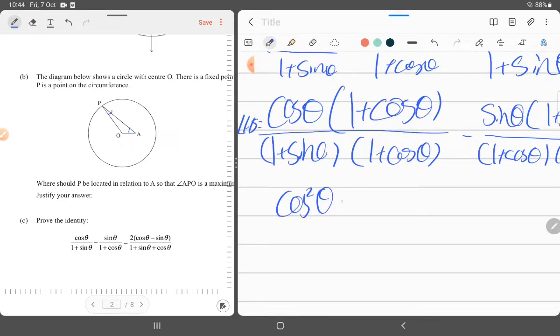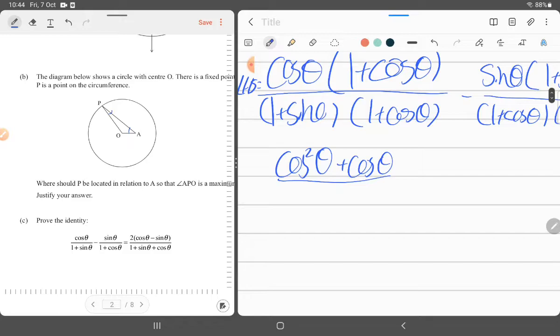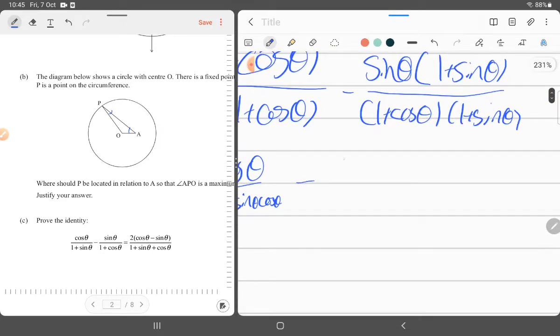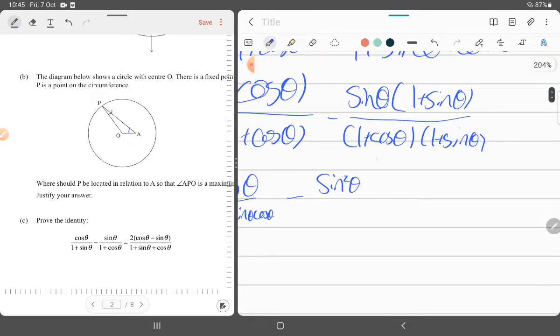Cosine squared theta plus cosine theta all over 1 plus sine theta plus cosine theta plus sine theta cosine theta, take away sine squared theta plus sine theta all over 1 plus cosine theta plus sine theta plus sine theta cosine theta.